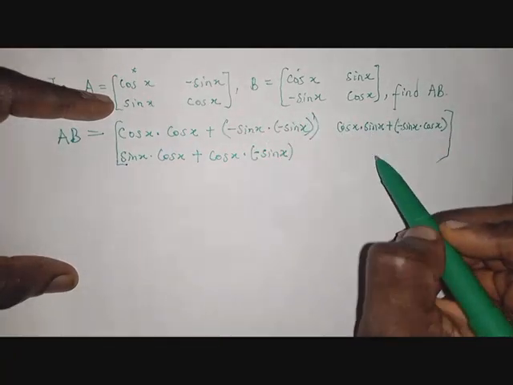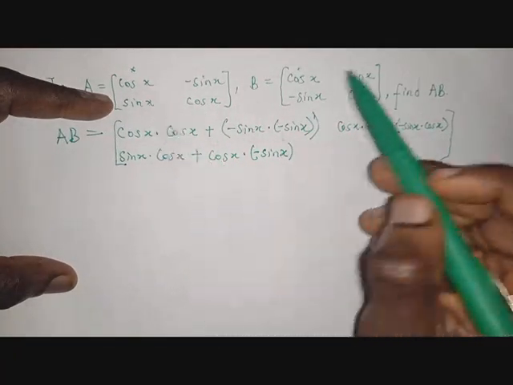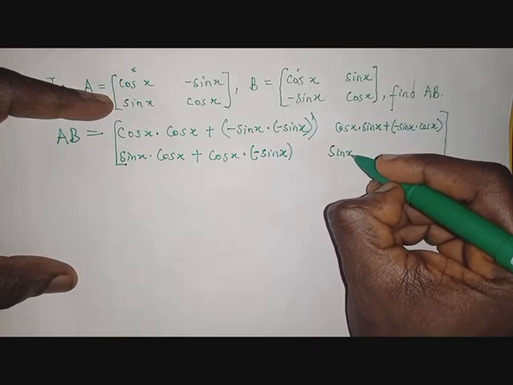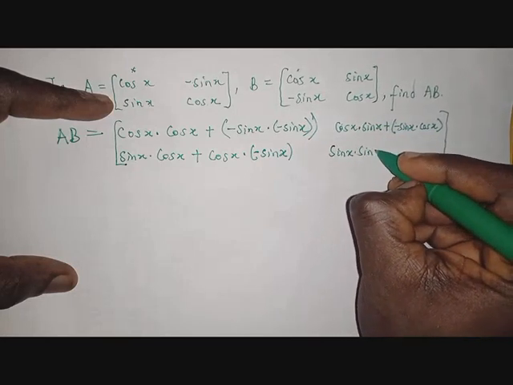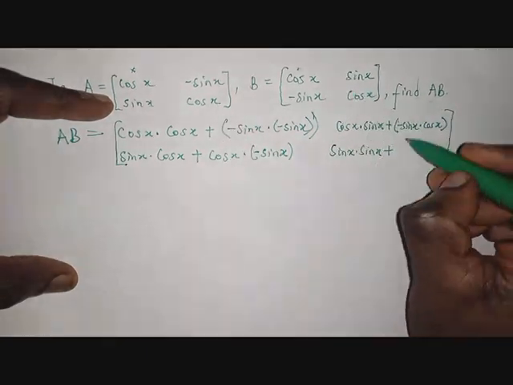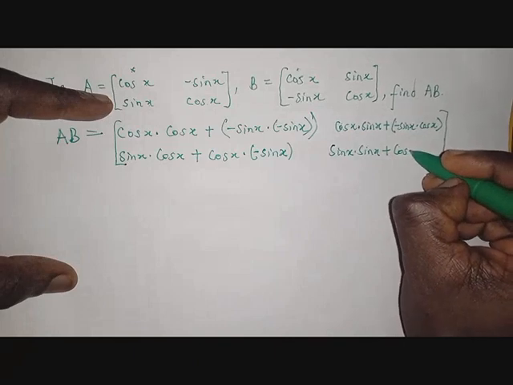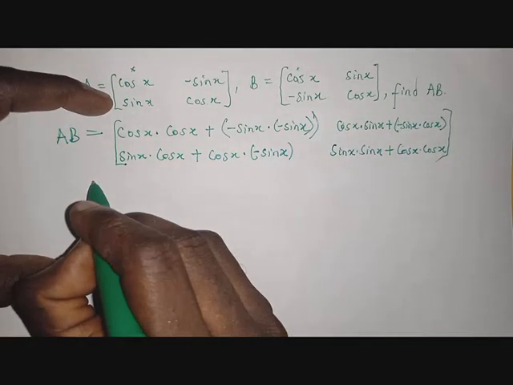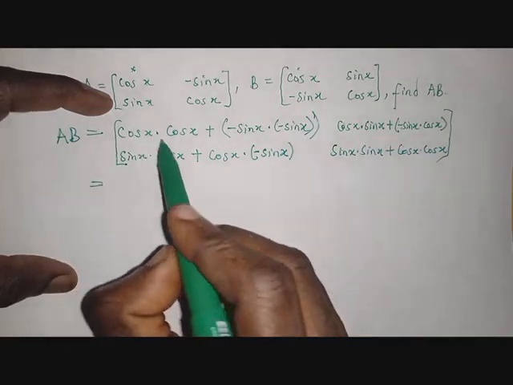Then we'll come to the other side. So we have sine x times sine x, plus cosine x times cosine x. Yeah, so that's it. Now we're going to try to open them up.